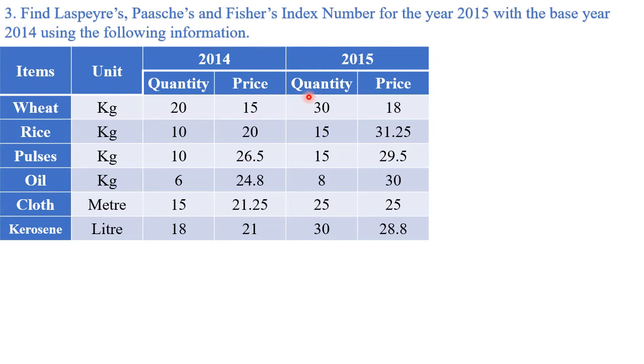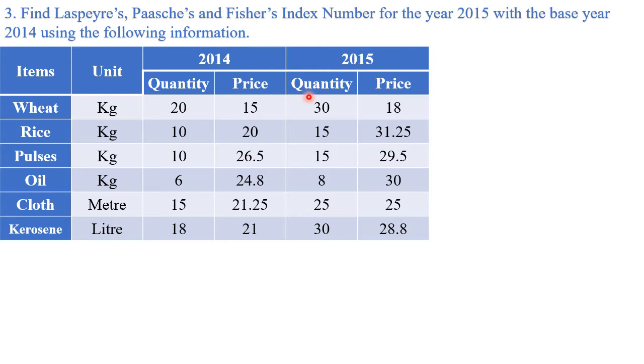We know that for Laspeyre's and Paasche's index numbers, we need both the current year and base year prices and quantities according to our formulas. I have told you the 1000 and 1101 system of calculating Laspeyre and Paasche, and the Fisher is just the geometric mean of these two index numbers.